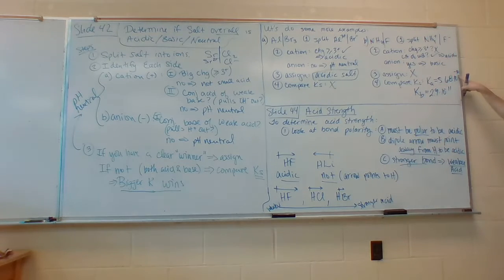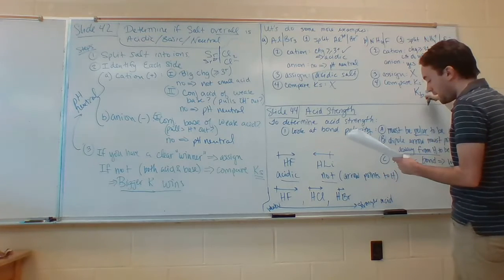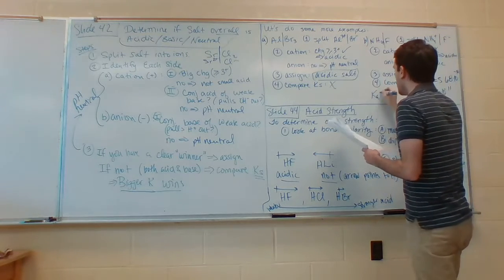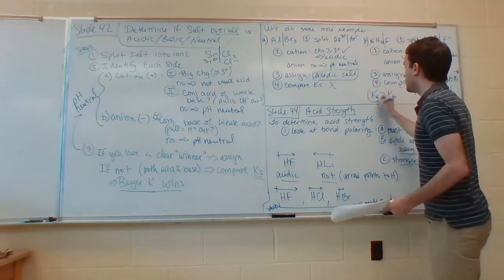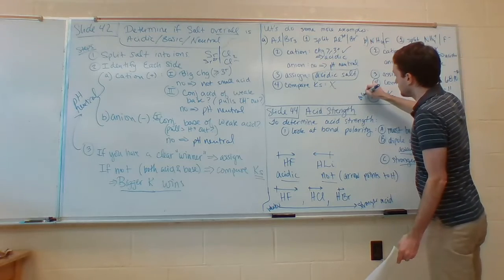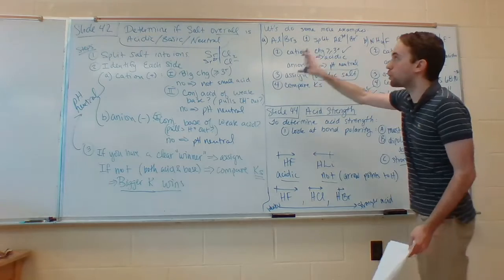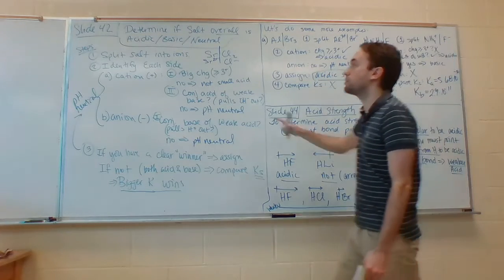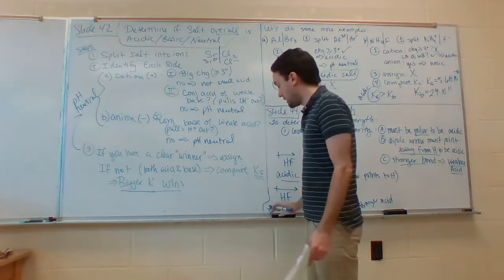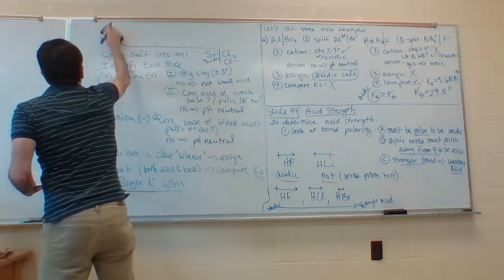Well, 10 to the negative 10 is bigger than 10 to the negative 11. So that means that my Ka is bigger than my Kb, which means that it is going to be an acidic salt. So that's how you're going to work through these salt problems to determine if they're going to make an acidic, basic, or neutral solution.